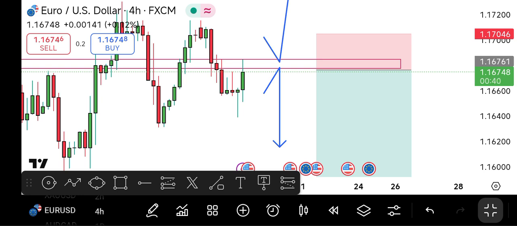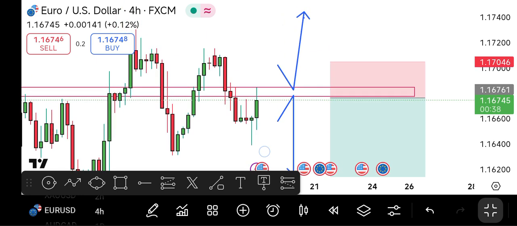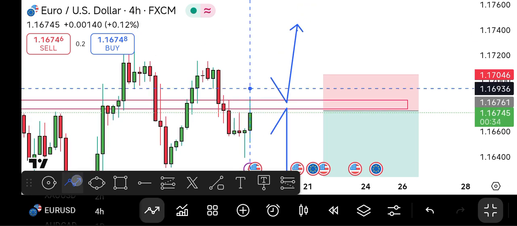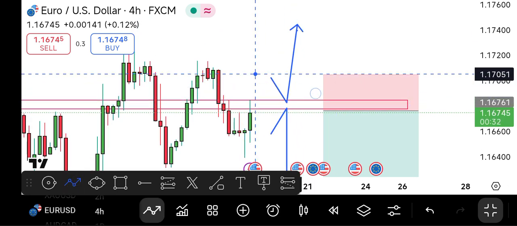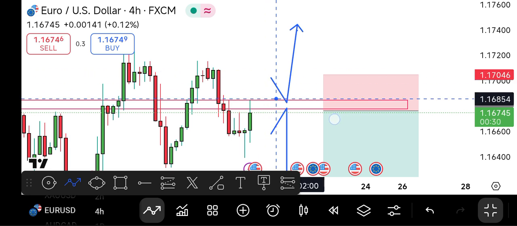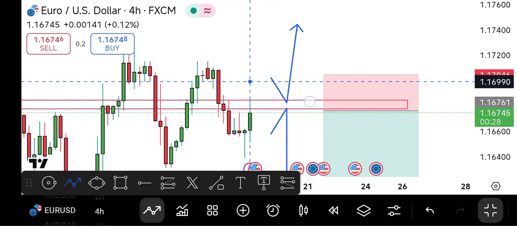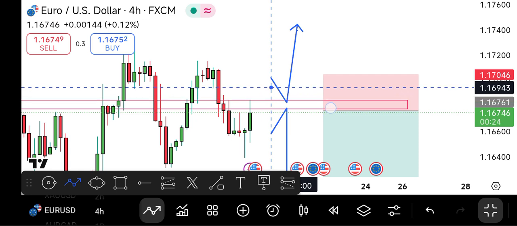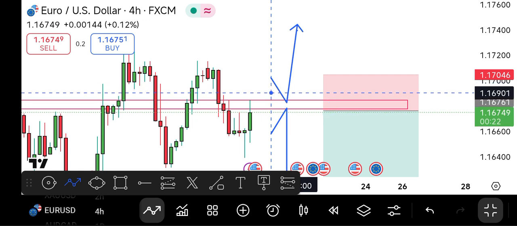But mind you, the market might not create a bearish engulfing candlestick. It can just break out of this level, moving to the upside, then retest it back with a bullish engulfing candlestick for us to see an opportunity for a buy in the market.